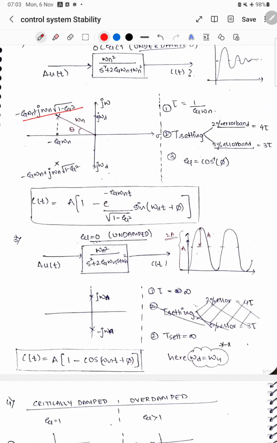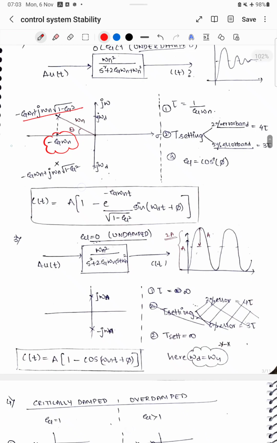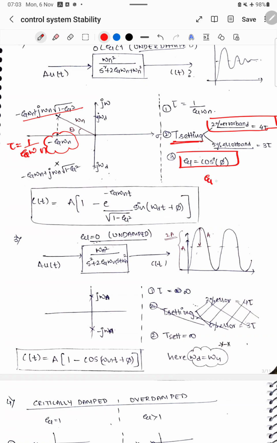Some important formulas: tau is nothing but 1 upon zeta omega n, and settling time, as I already discussed, for the 2% error band is 4 tau, and for 5% is 3 tau. And one more most important thing: zeta is cos phi. Most important thing, zeta is cos phi.